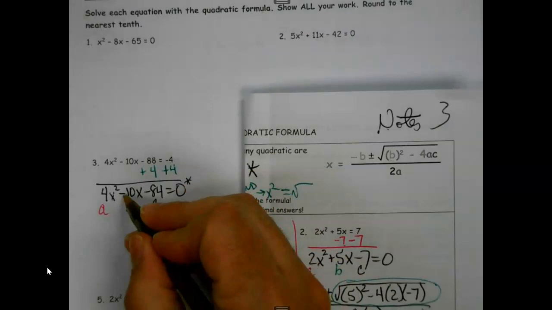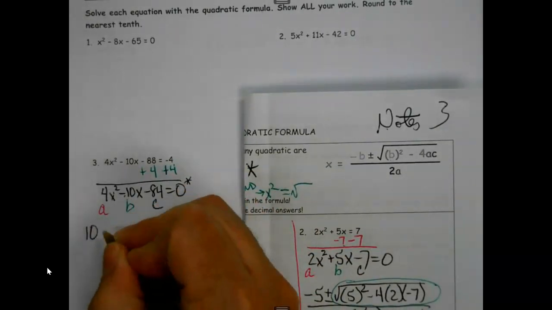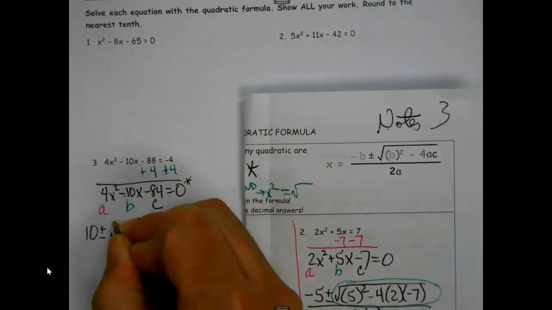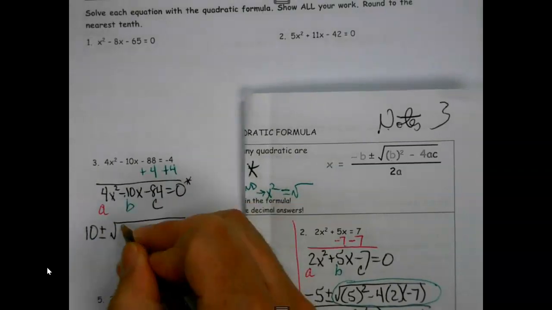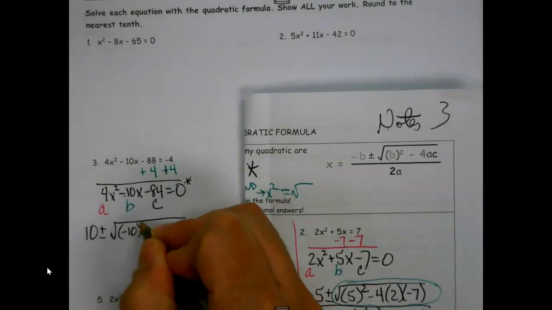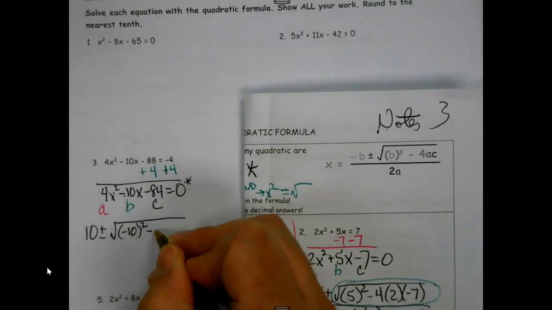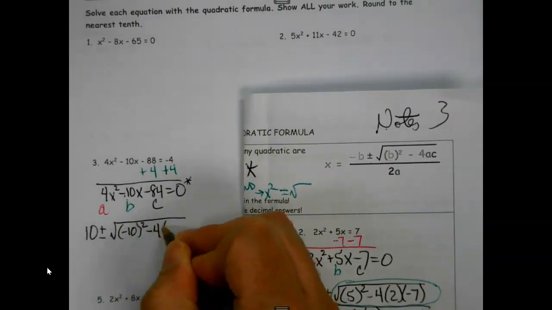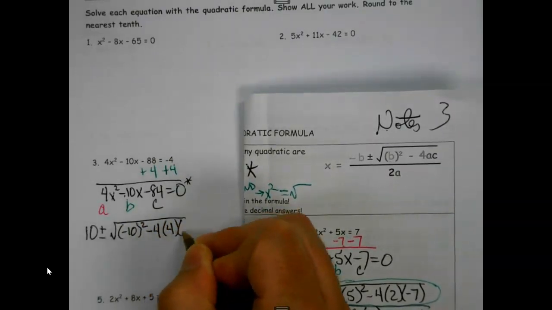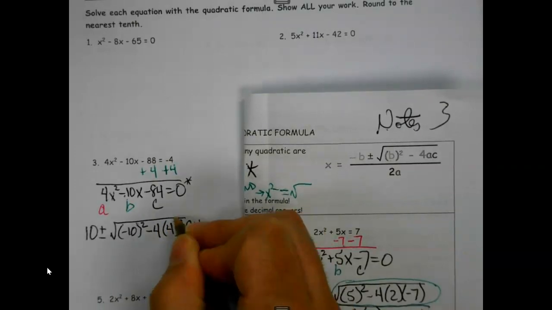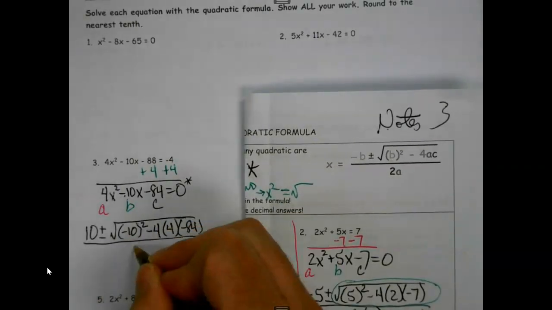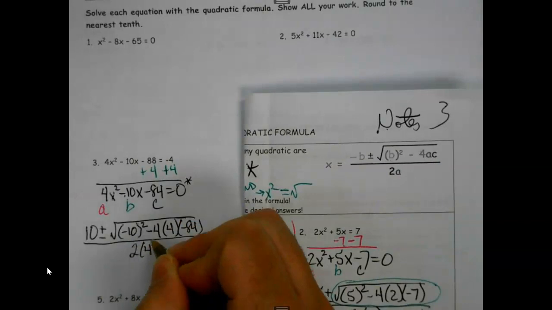So the opposite of B, the opposite of negative 10, is positive 10, plus or minus the square root of B squared minus 4AC, all over 2A.